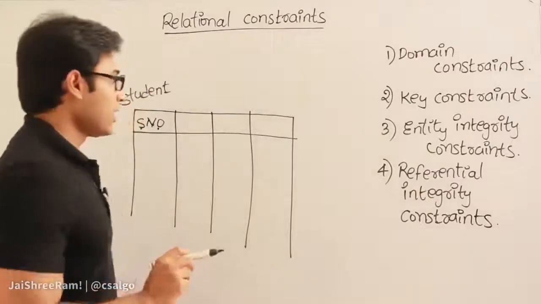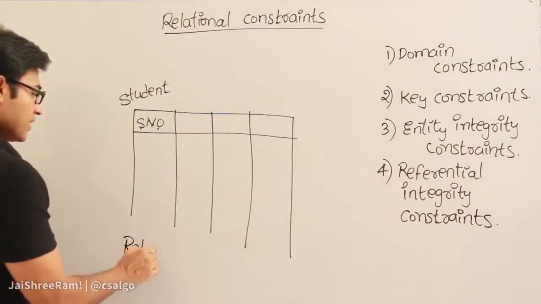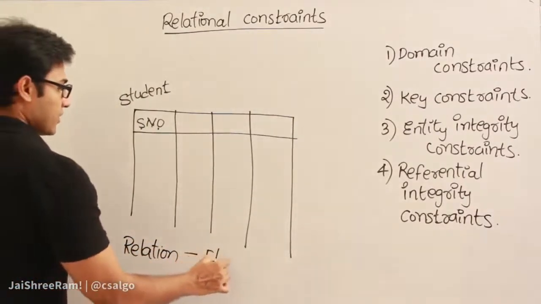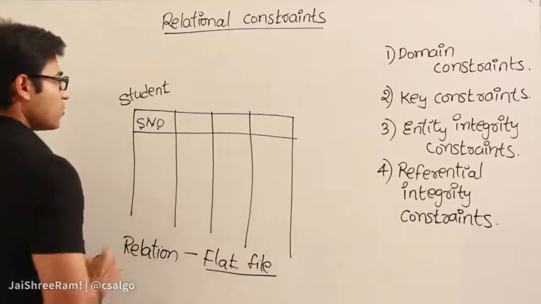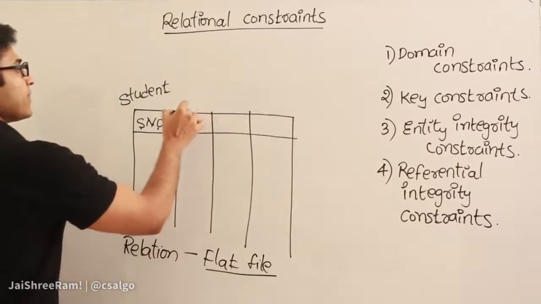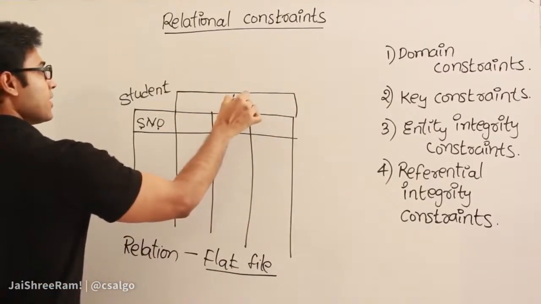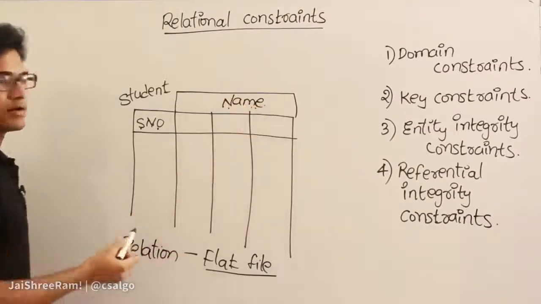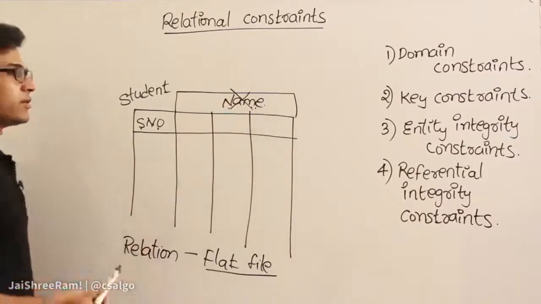Moreover, one main thing about the relation is that you can view a relation like this as a flat file structure. Flat file means no hierarchy is allowed. So if you have an attribute which is a name, even though name is a composite attribute, such an attribute is not allowed in the relational model.